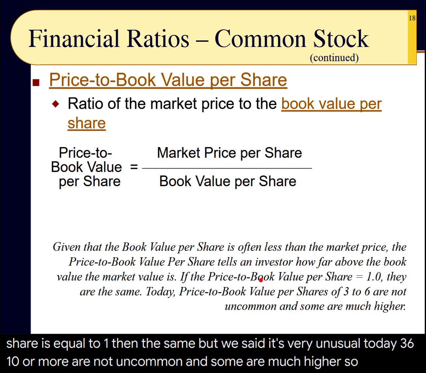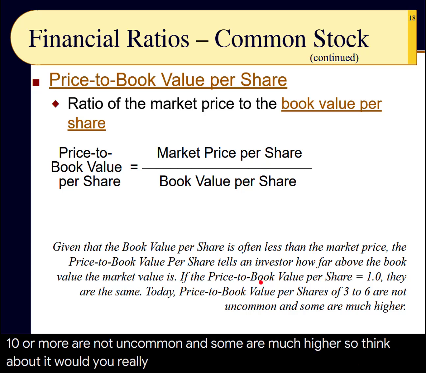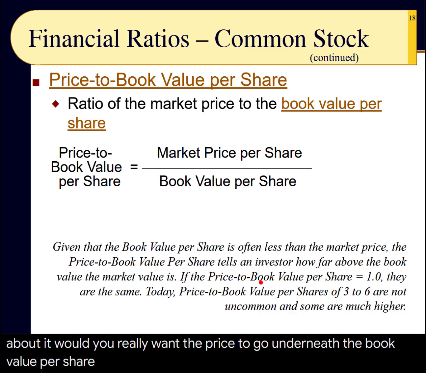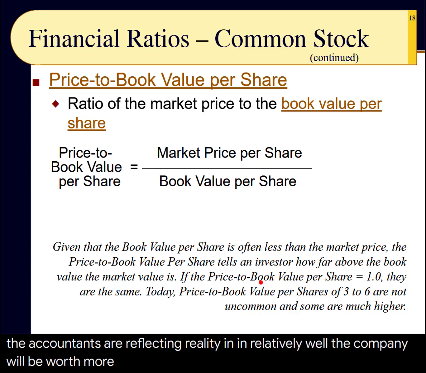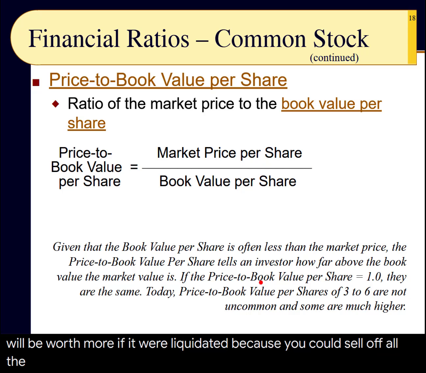So think about it. Would you really want the price to go underneath the book value per share? What does that mean? That means that, assuming the accountants are reflecting reality relatively well, the company would be worth more if it were liquidated, because you could sell off all the assets, pay off the debts, and walk away with money in your pocket.